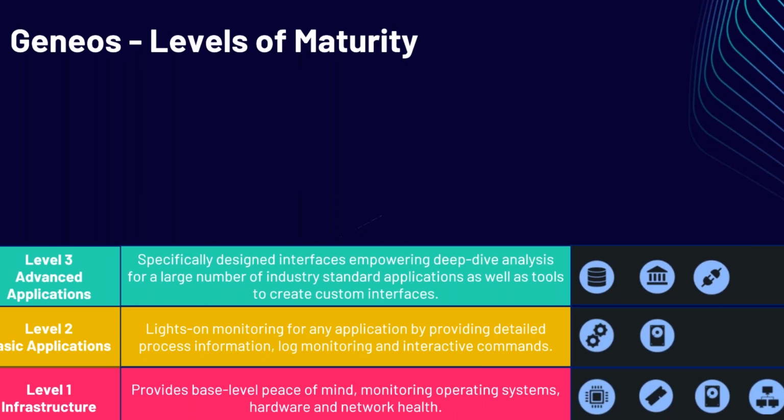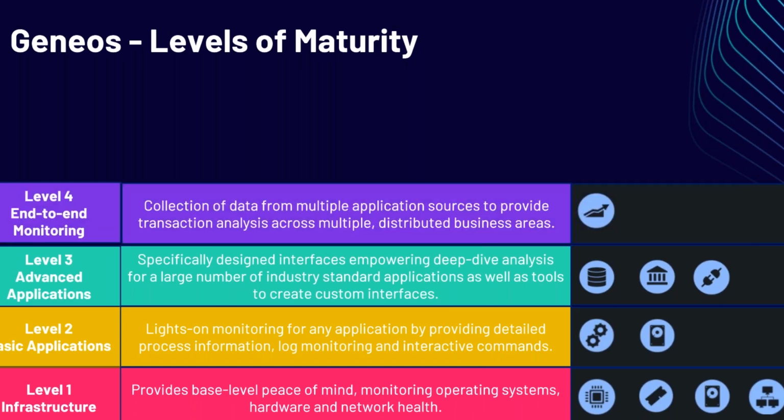However, a few of our clients stop at level 3 and they don't understand that there's a lot of information that can still be deduced from these level 3. They stop here. So I want to introduce the next 2, which you may not be familiar with. Level 4 is end-to-end monitoring. This is where we gather all the metrics from all the sources in level 1, level 2, level 3 across different applications and business activities, and we aggregate them together and we provide transactional analysis.